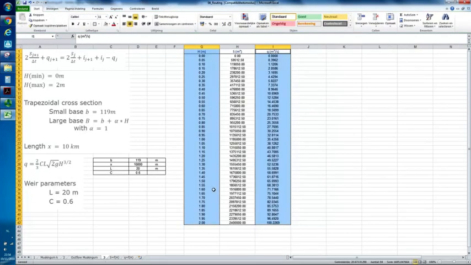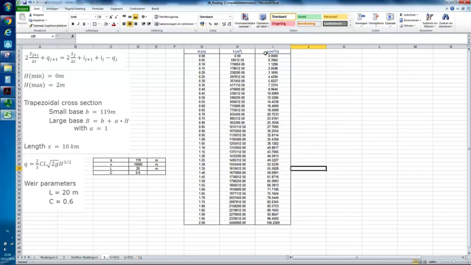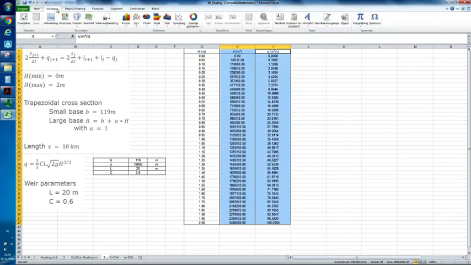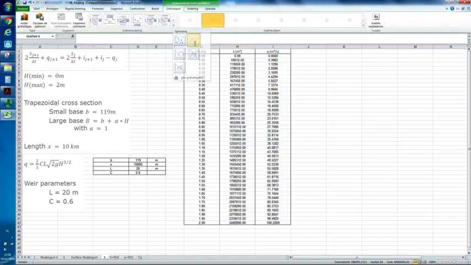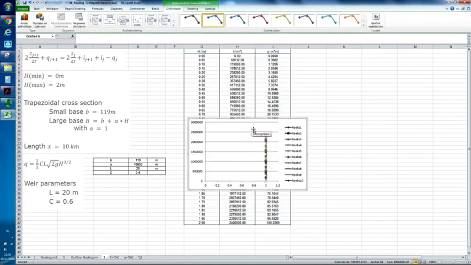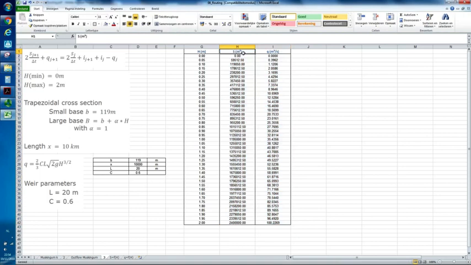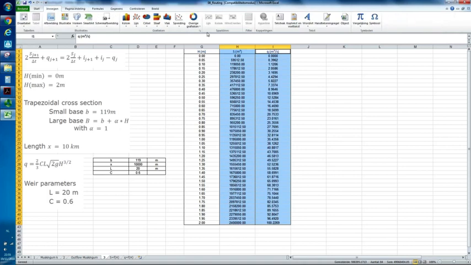Now, what we actually wanted was a relationship between S and Q, so we could just select those two, like this, and we could also add, this is not good, so let's delete this. Let's try it again.